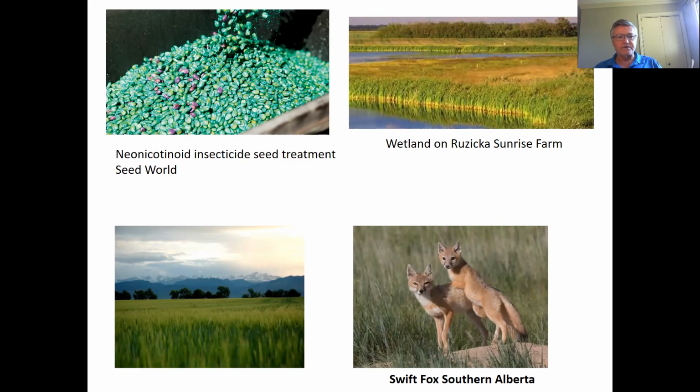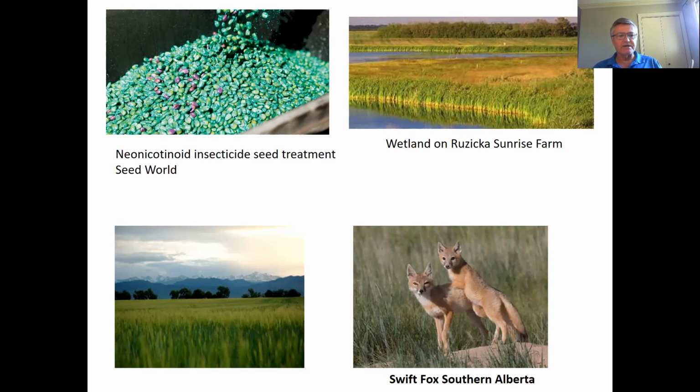Agriculture is a main source of non-point source pollution. So this is pollution where we're a little unclear about the magnitude from any particular area, but in totality, in cumulative effect, there's a large impact. One of the sources of pollution associated with agriculture is neonicotinoid insecticides.